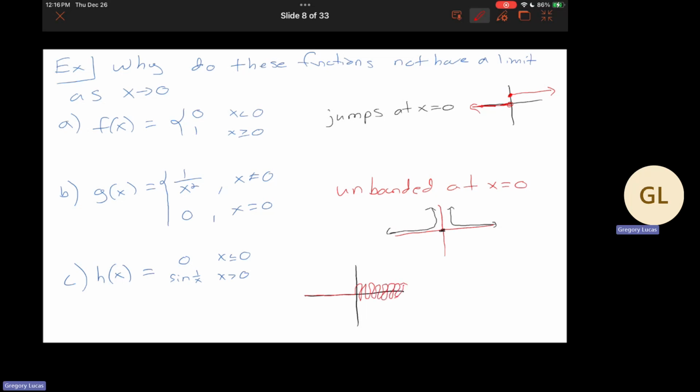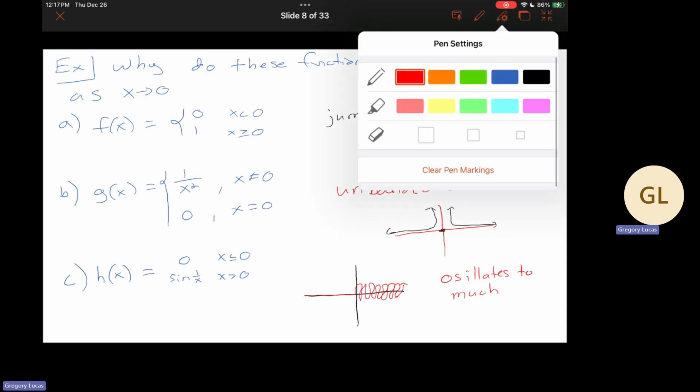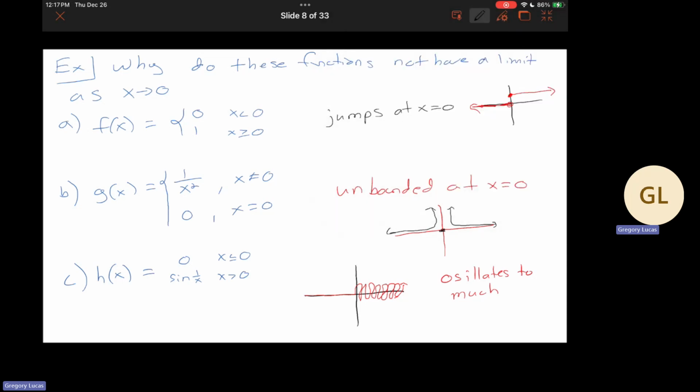I would recommend typing that one into Desmos just to get a good idea of what it actually looks like. That's the best I can draw it. But we say this oscillates too much. So those are 3 different reasons why a limit may not exist. And that's a question that I might ask you.